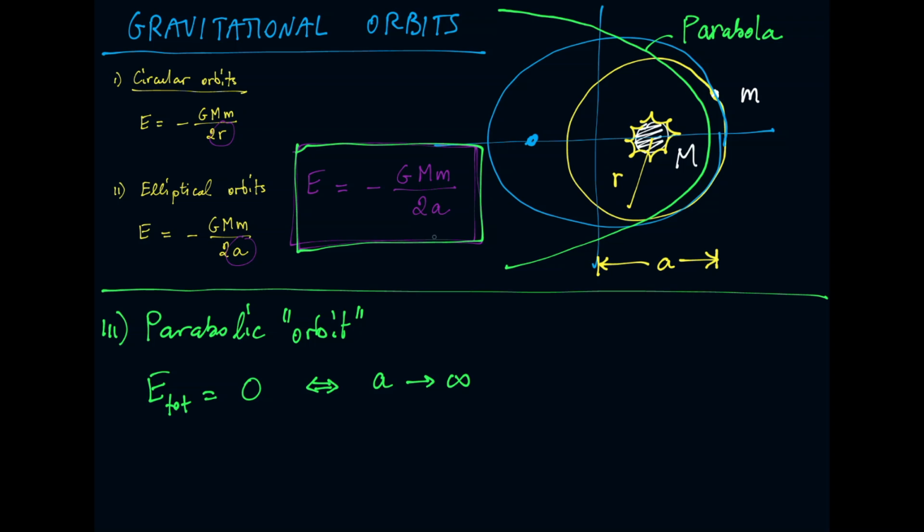But at least mathematically, we can replace a equals infinity in that expression. We get total energy equals 0. And after a little bit of, well, more than a little bit of work, you can prove that the shape of this trajectory is a parabola, which is absolutely insane.